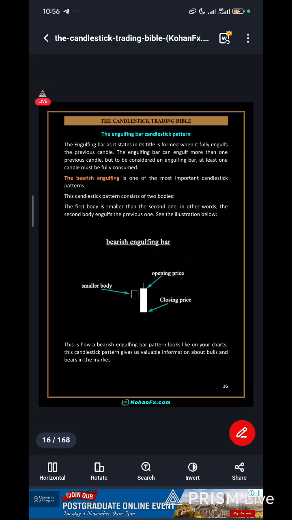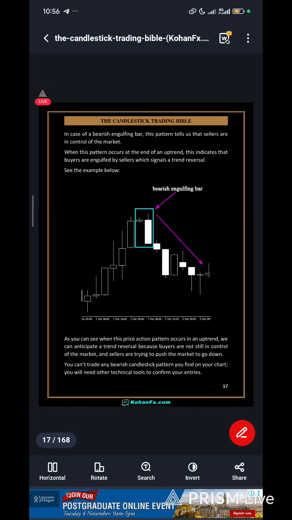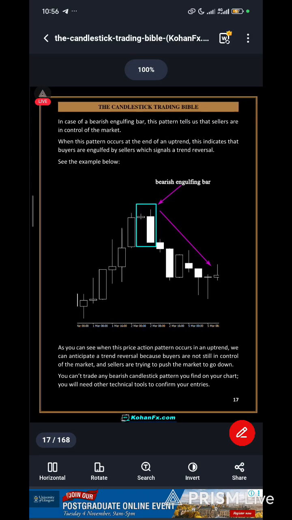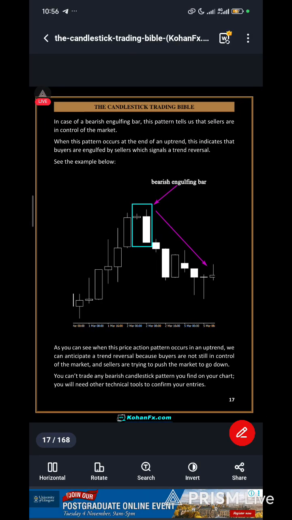This candlestick pattern gives us a lot of information about the bulls and bears in the market. In the case of bearish engulfing bar, this pattern tells us that sellers are in control of the market. When this pattern occurs at the end of the uptrend, this indicates that buyers are engulfed by sellers, which indicates a trade reversal. See the example.